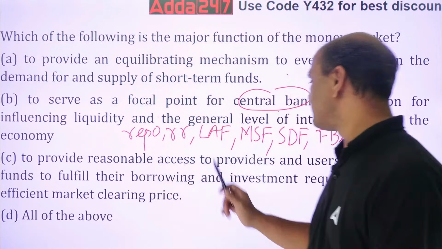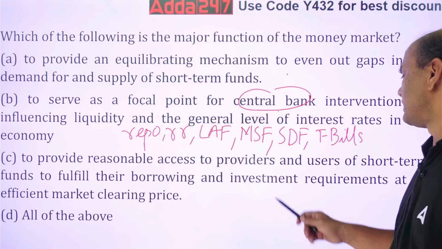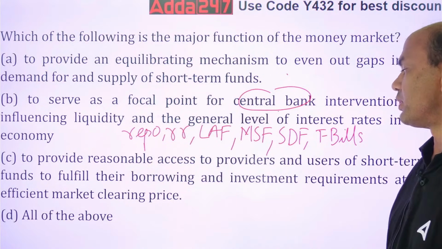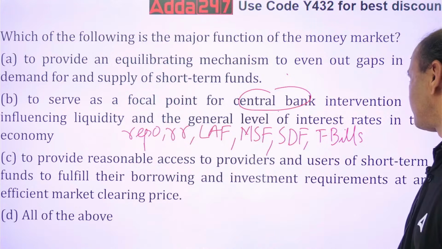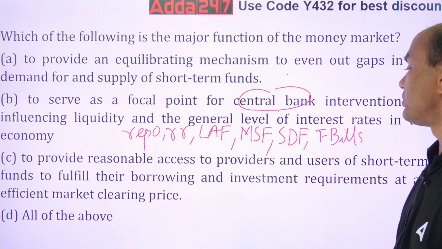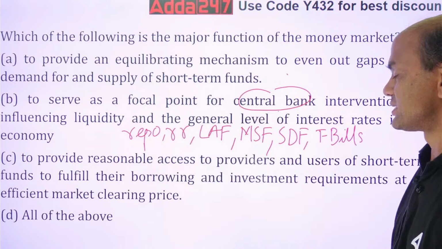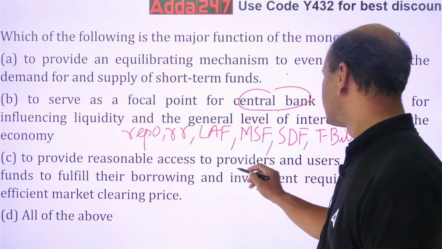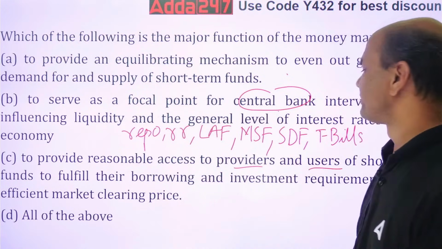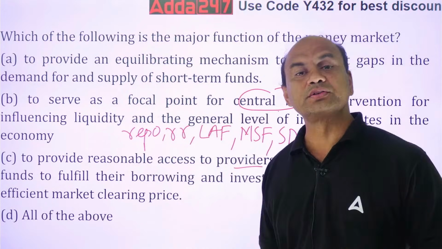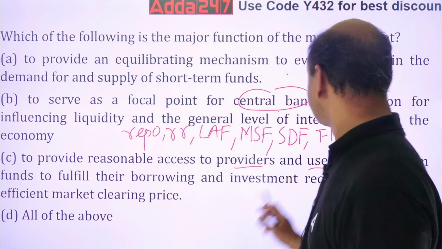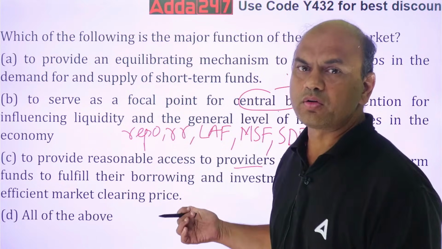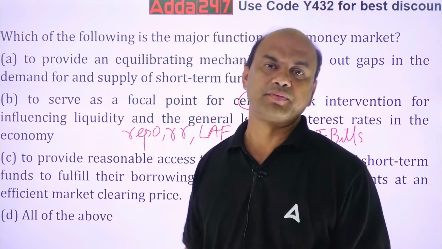To provide reasonable access to providers and users of short-term funds to fulfill their borrowing and investment requirements at an efficient market clearing price. Now understand what do you mean by providers and users of short-term funds. Provider means the one who gives the money. Here we are talking of interbank lending.